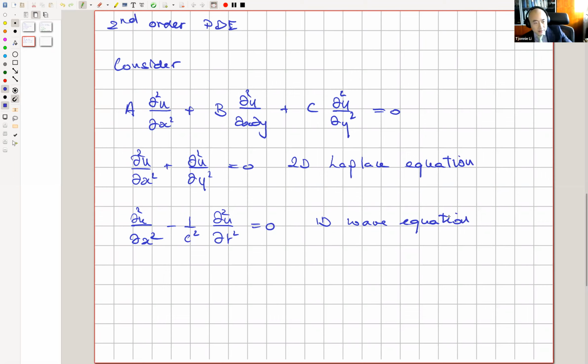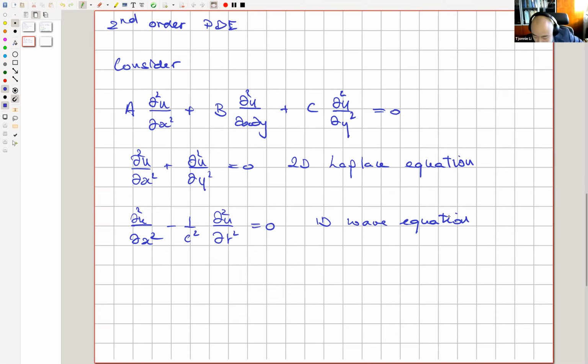So you can see that the two equations are related, right? They simply have a different c. The b is in both cases 0. There's no mixing between the partial derivatives, and then the c is different. One is just 1, the other one is minus 1 over small c squared.